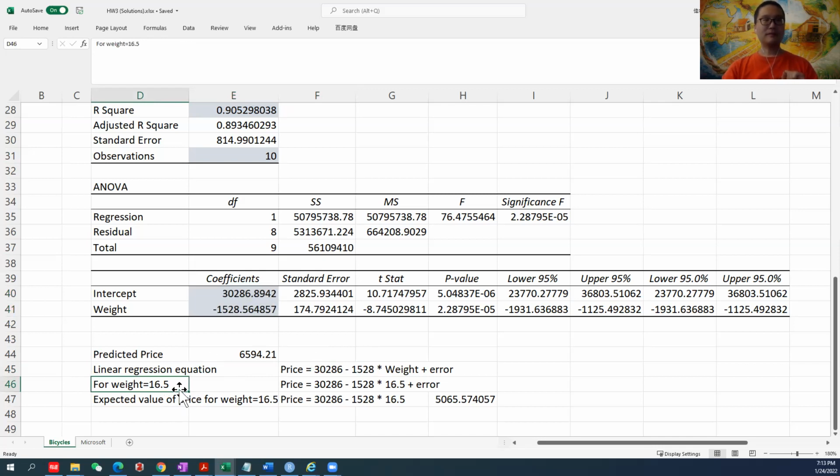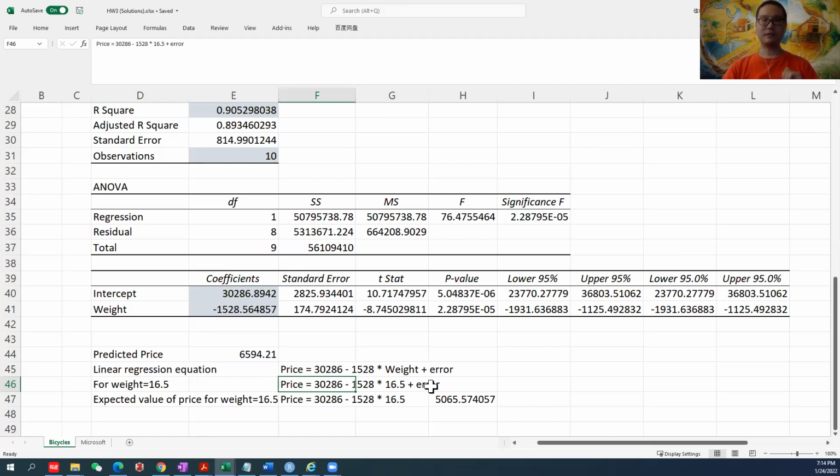When we make a prediction, for example, if we want to predict the price when weight equals 16.5 pounds, or maybe kilograms, I don't really know the unit, we put the prediction as this: the true value of a bike with a weight of 16.5 would be like this. We plug in 16.5 in the regression equation.